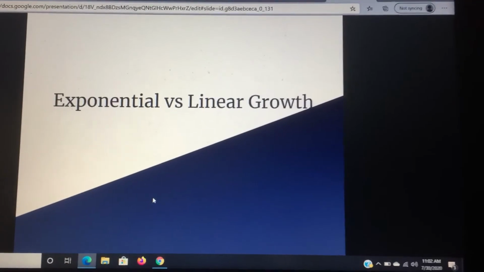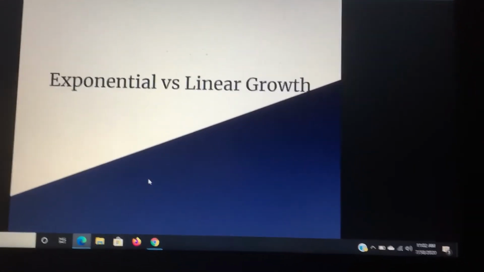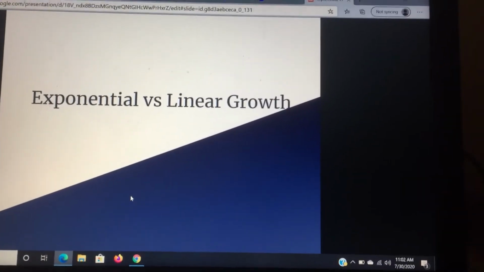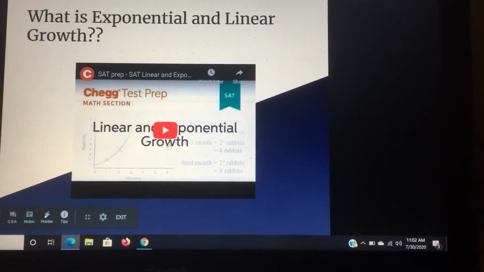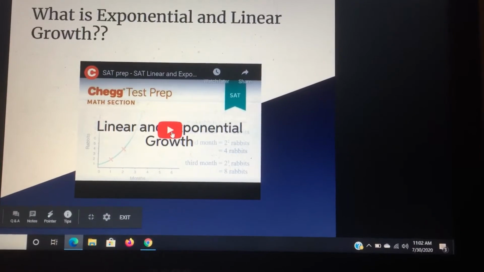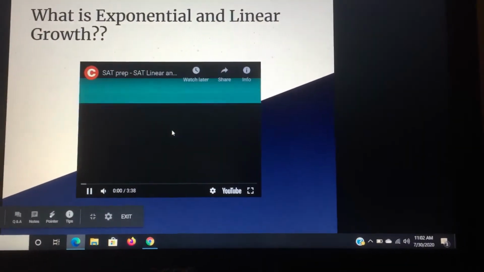It can be used for population, many different things, as well as linear growth. And now we're going to watch a video which tells us more about linear and exponential growth.